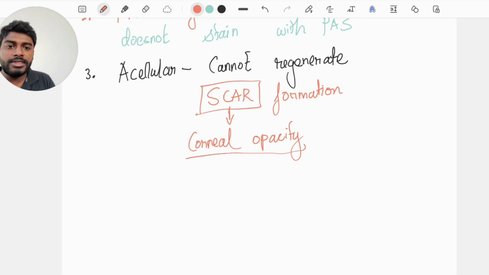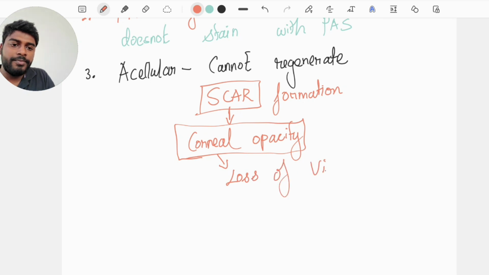So the patient who suffers this kind of Bowman's layer trauma will have some loss of vision. If this Bowman's layer gets damaged, they may not be able to see clearly, so they may suffer loss of vision.